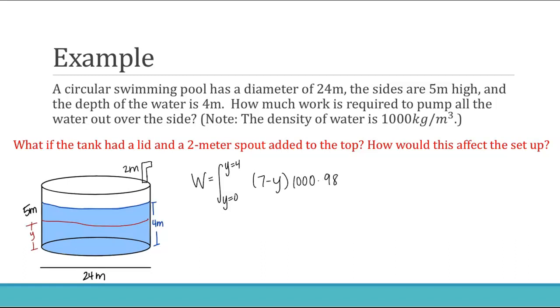We're still going to have that 1,000 times 9.8 for gravity, and then that cross section, which was 144 pi, dy. So the only thing that is going to change on this problem is the distance that that cross section has to travel.